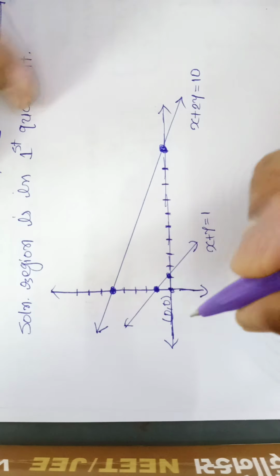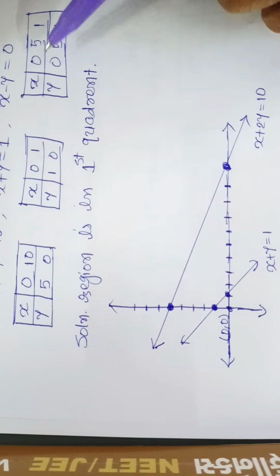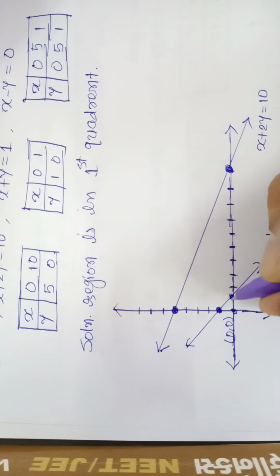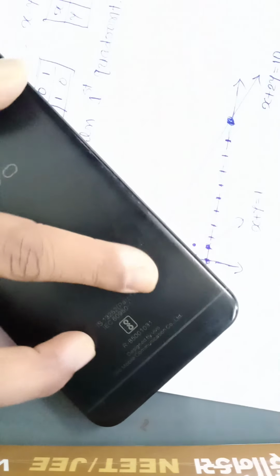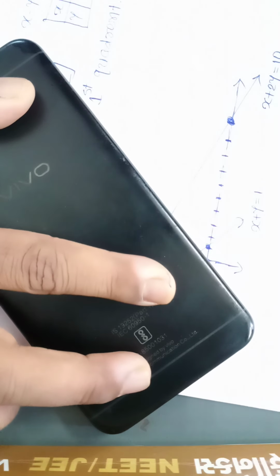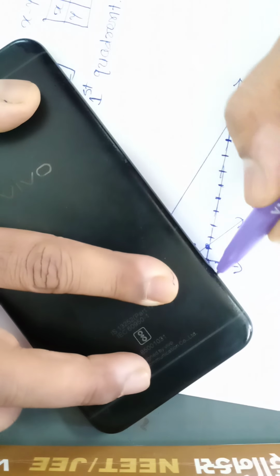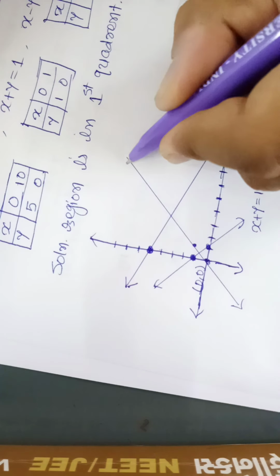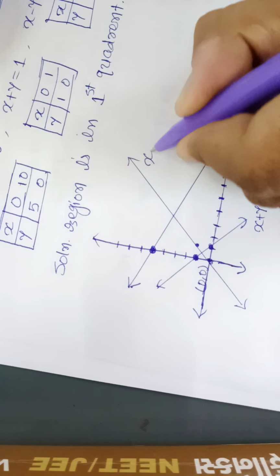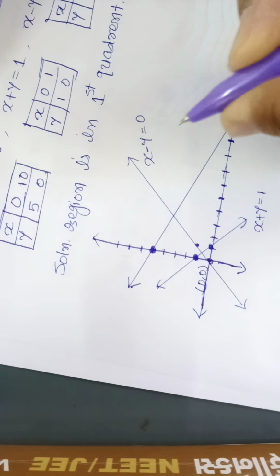Now the origin is here for this third line. After that, 1, 1 is there, my friend. So this line is exactly passing through the origin and 1, 1. This is the line which is known as x minus y equals 0.